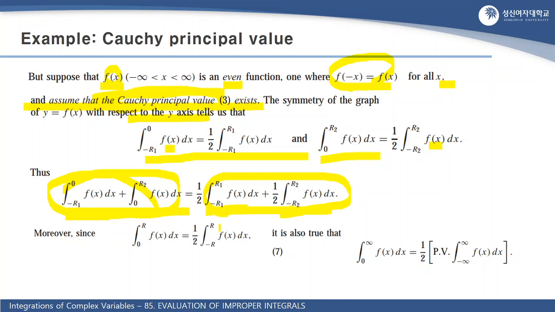And as a result, we can conclude that the improper integral indeed equals the principal value here when f of x is even.